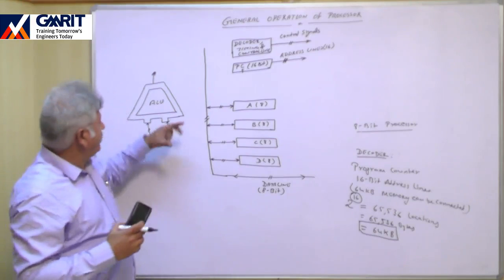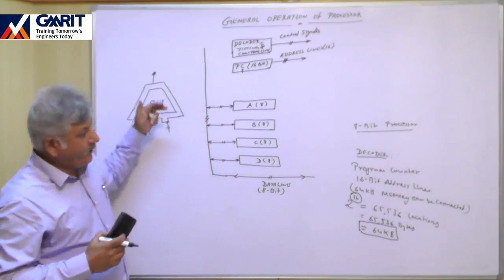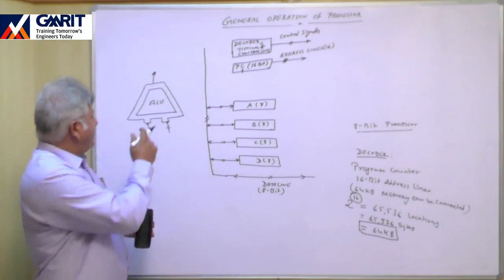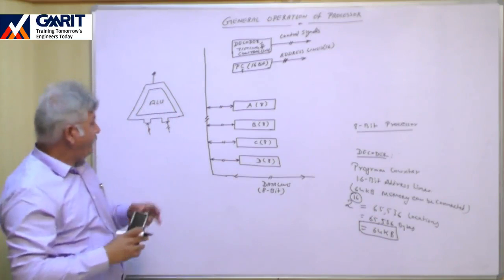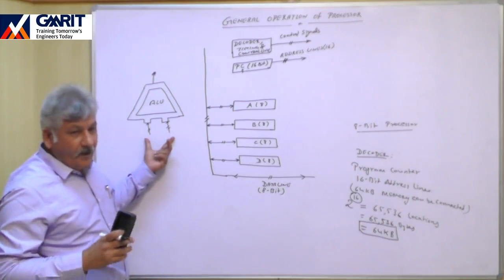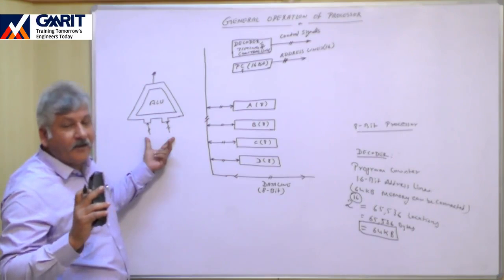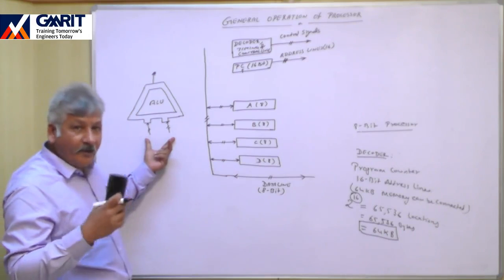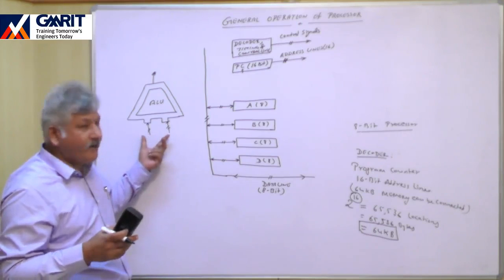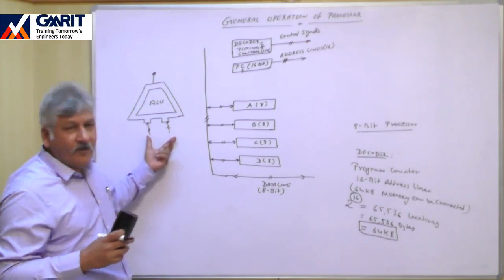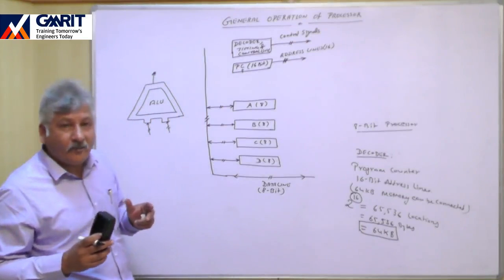Now the basic architecture of this arithmetic and logical unit is also 8-bit, because we are taking an 8-bit processor. So this 8-bit ALU can receive 2 8-bit numbers, and it can perform addition over those 2 8-bit numbers. It can perform subtraction, multiplication or division on 2 8-bit numbers, or it can perform logical operations like AND or XOR over 2 8-bit numbers.